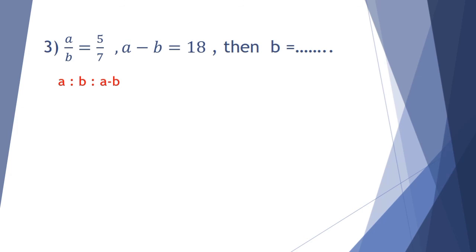A minus B means 7 minus 5, which is equal to 2, and the real difference 18. So to get B, I will make 7 times 18 over 2. So letter B equals 63. Thank you.